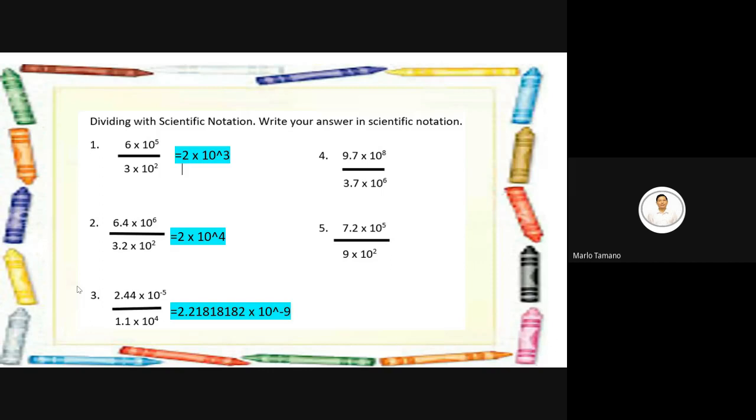Next, number 4. 9.7 divided by 3.7. Repeating decimal ulit.